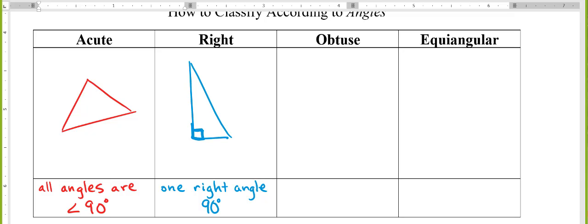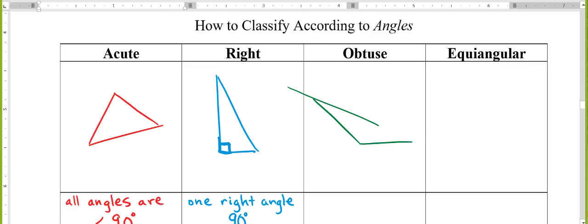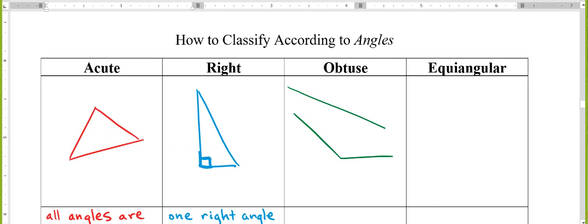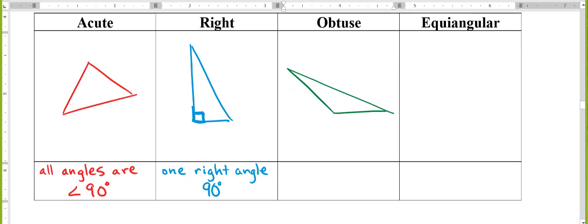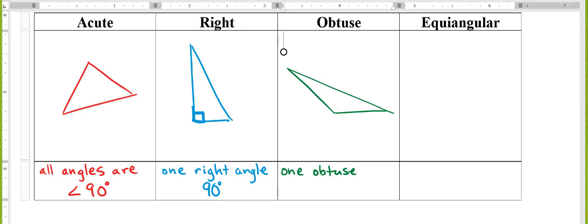For obtuse, it's a triangle that has one angle that's obtuse. And obtuse means it has to be between 90 and 180.